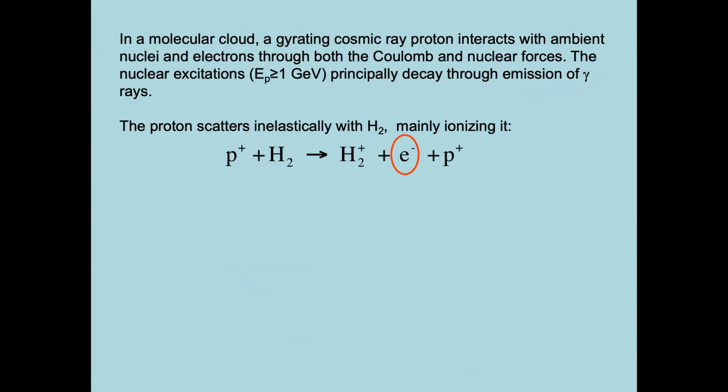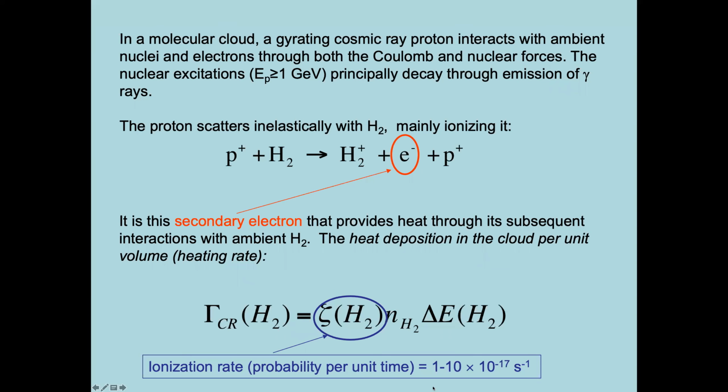So let's see how much energy is given by these cosmic rays. We have electrons that are produced. These are the so-called secondary electrons, because they are produced by the collision of this primary proton from the cosmic rays. These secondary electrons actually give this heat to the cloud. And in which way?